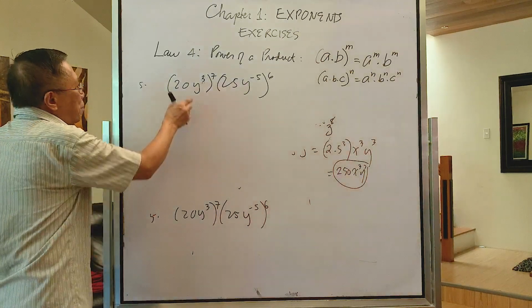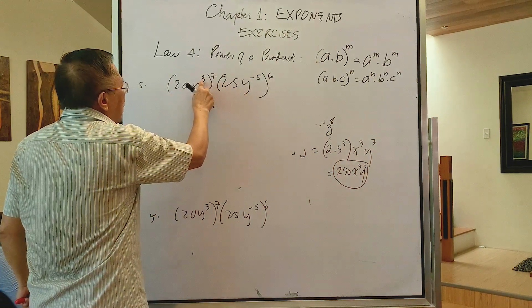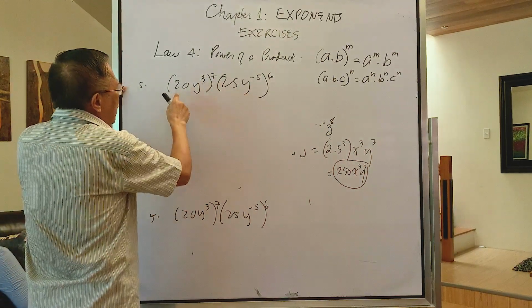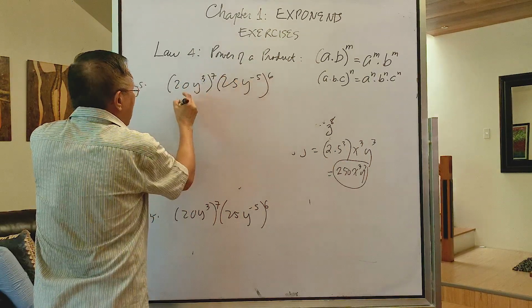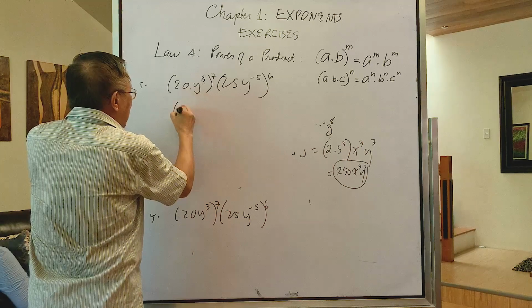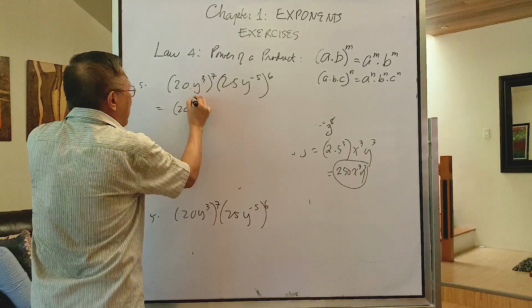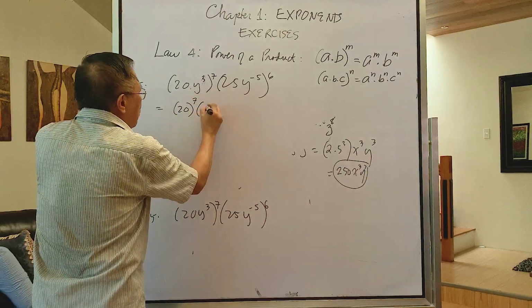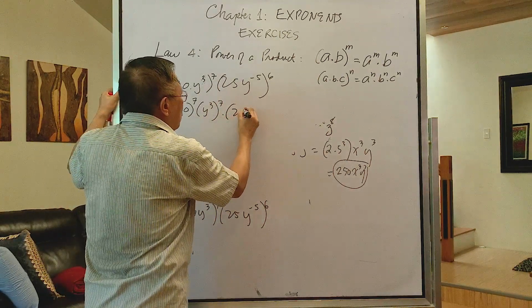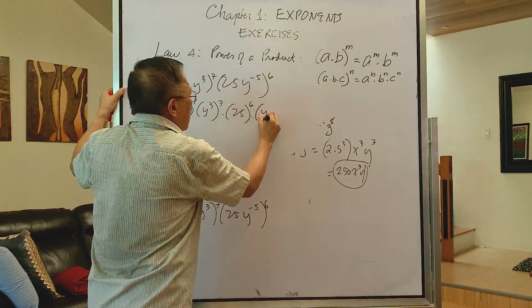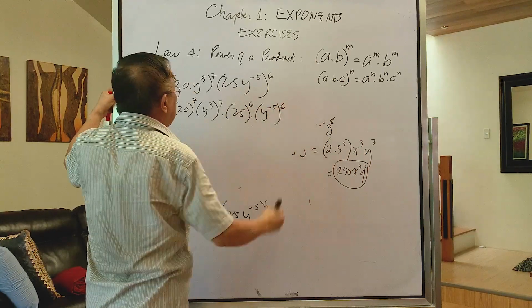So we cannot choose product law. What we can do here now is to apply power of a product. This is a product here. That means 20 will now be raised to the 7 and y cube will now be raised to the 7. And I'll have here 25 raised to the 6 and y to the negative 5 raised to the 6.